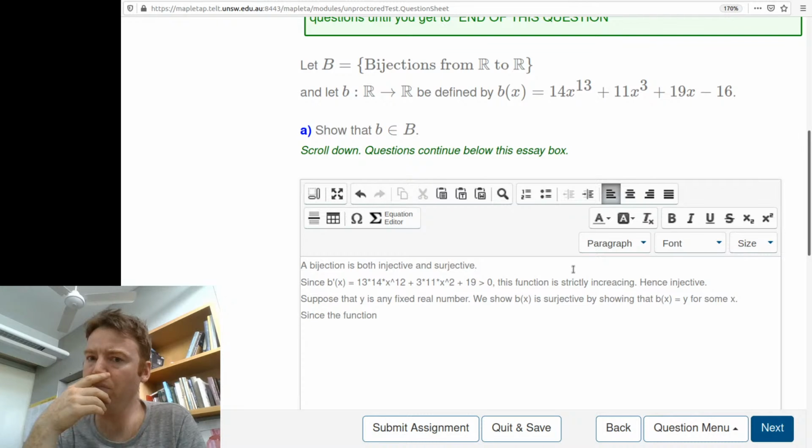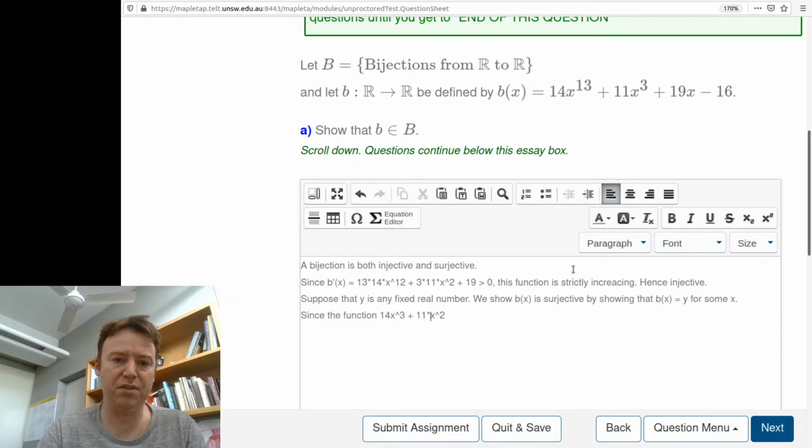Now, since the function 14x cubed plus 11x squared, and I'm going to put times in there just because that's a good habit, plus 19 times x minus 16 minus y is, now this is a strictly increasing function.